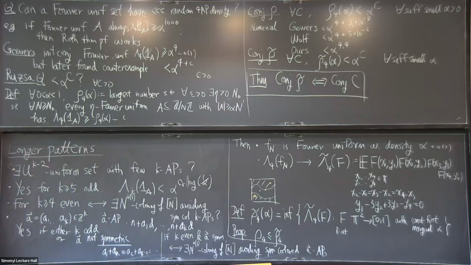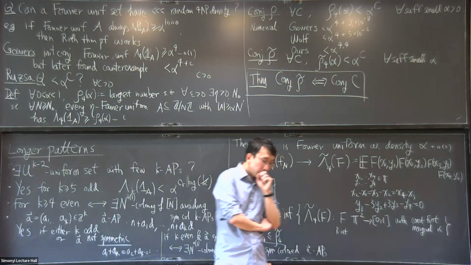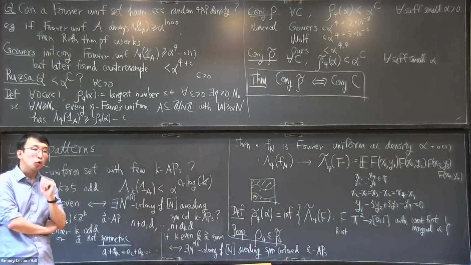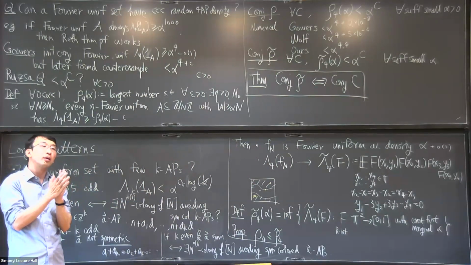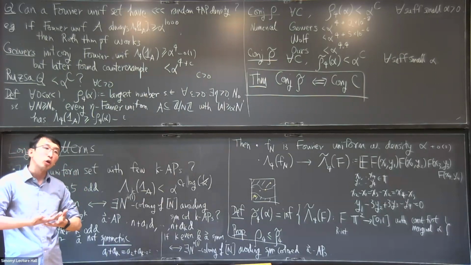Yes. Maybe you said this before, but is there any hope to prove that this specific family of constructions is the best possible? That's a great question. So there are some ideas coming from quadratic Fourier analysis that tell you that if you have a sequence of constructions, then there might be some limit object that captures that sequence of constructions.